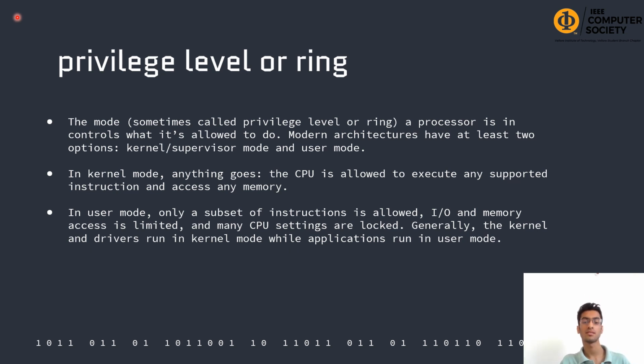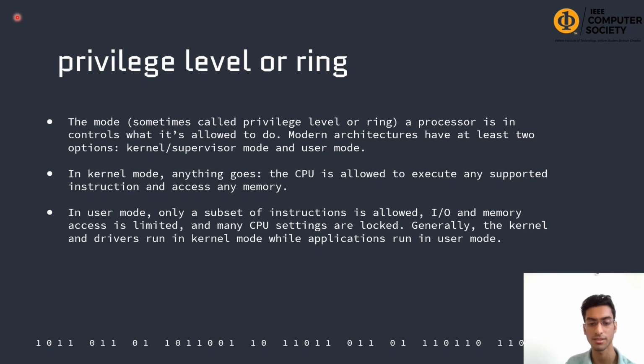To be very specific, the CPL is contained in the two least significant bits of the CS register. Now, what do I mean by this? There will be certain binary values. The last two binary values, the least significant bits, will decide the privilege level.